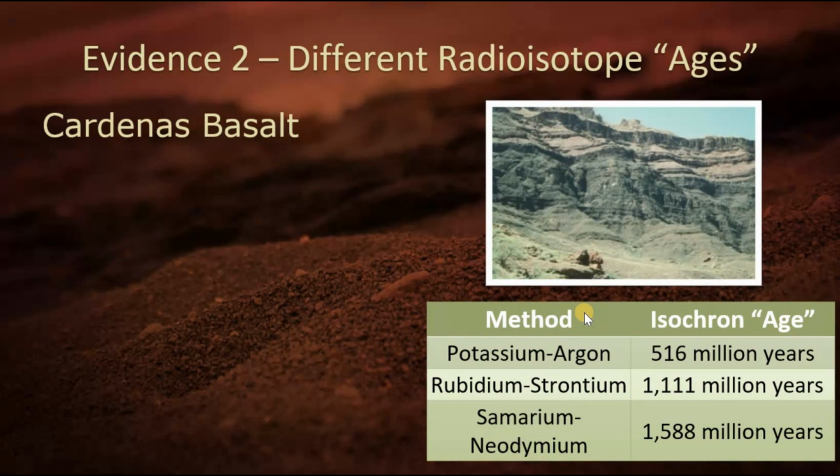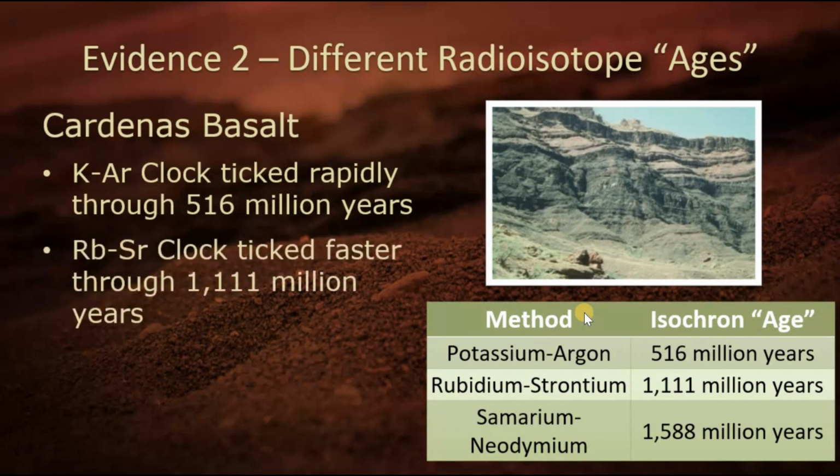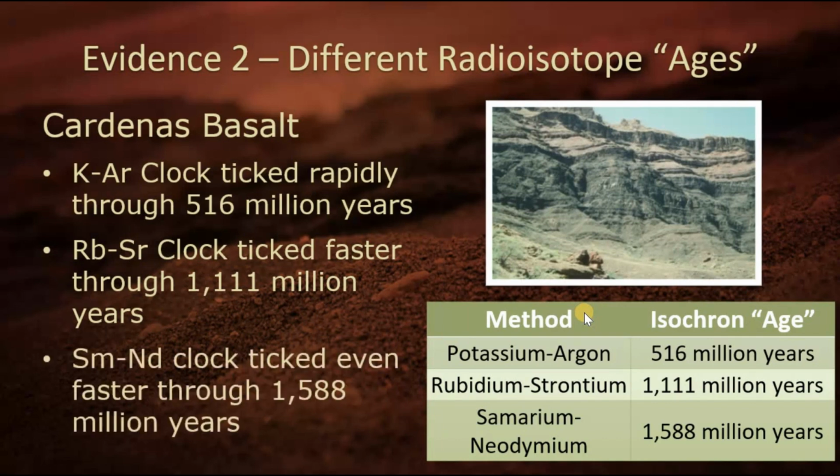So let's look at one specific example here. The potassium-argon clock in the Cardenas basalt ticked rapidly through 516 million years. The rubidium-strontium clock ticked faster through 1,111 million years.